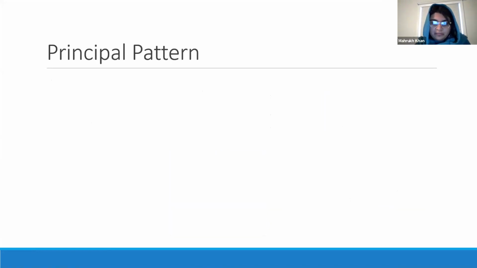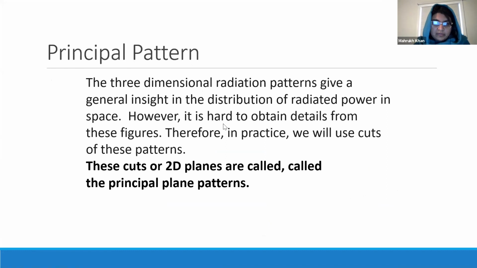Okay, now I want to introduce some of the terms that we have used before and we may not know. I showed you 3D patterns, but in antennas we all the time talk about 2Ds.